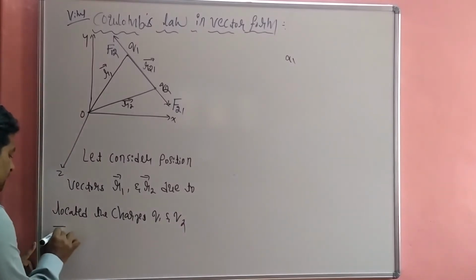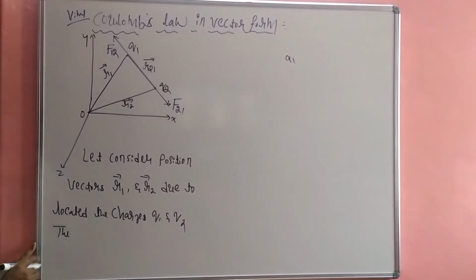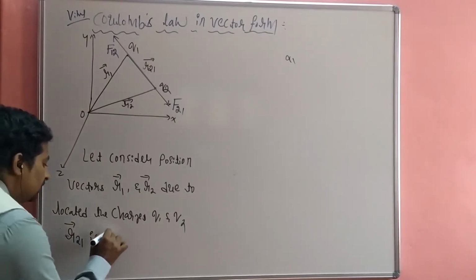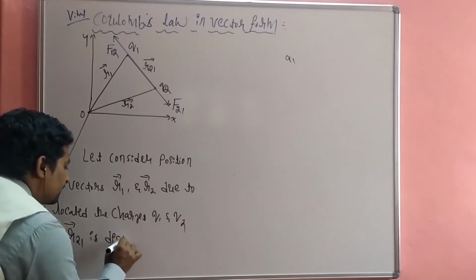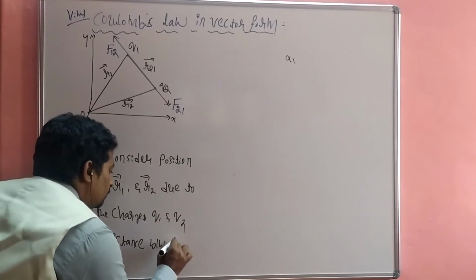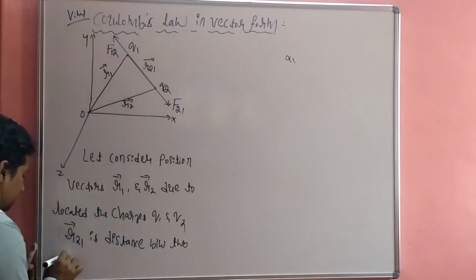So the R21 vector is the distance between the two charges.